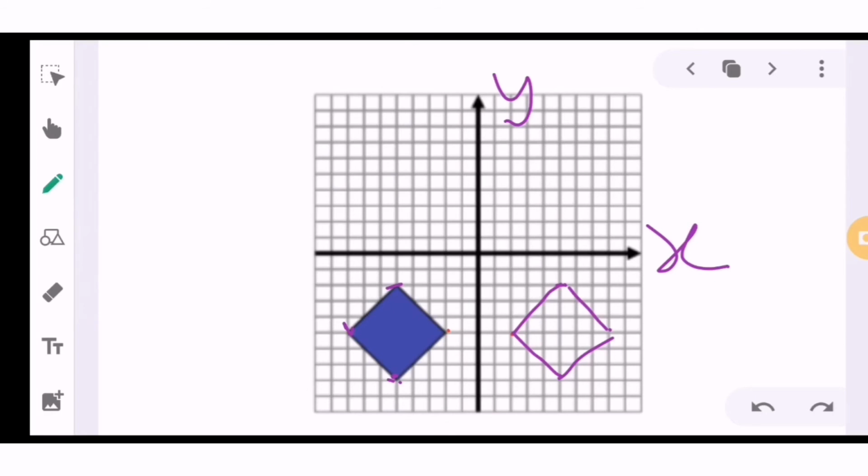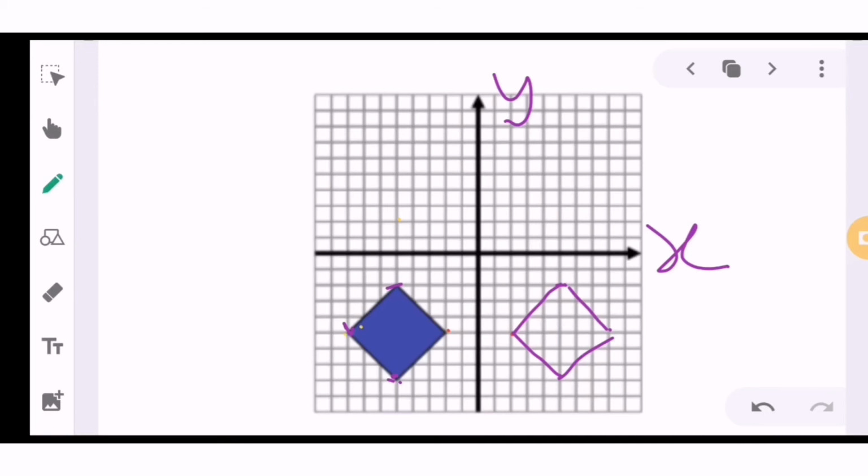Same way we looked at reflection over y, reflection over x, we check in the same way. What is the distance? We're starting with this point. The distance from this point to the line of reflection, or the mirror line, which is the x-axis, is only 2 units, 1 and 2. So same way you count 1 and 2, you then plot your point. Take this one.